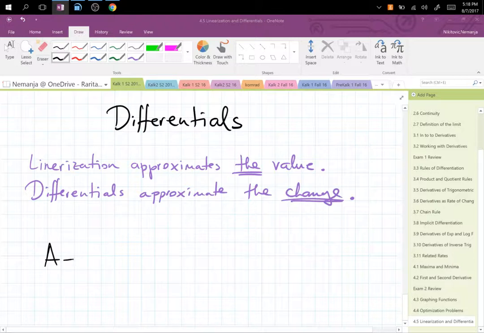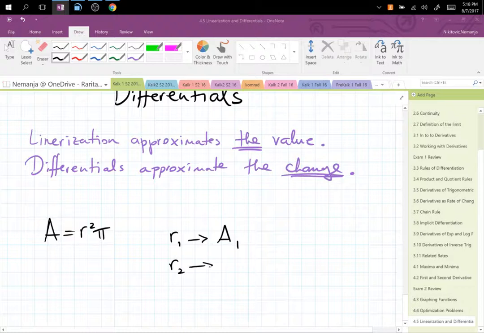Here is the area of the circle formula. And let's say the circle becomes larger. Remember how we had the oil rig, and the oil rig was spilling the oil around in a concentric circle, was growing? So we are not going to calculate the rates here. I want to know when I use input R1, I get the output A1. When I use R2, I get A2. When I use R3, I get A3.